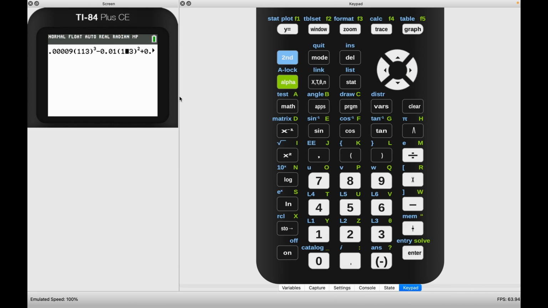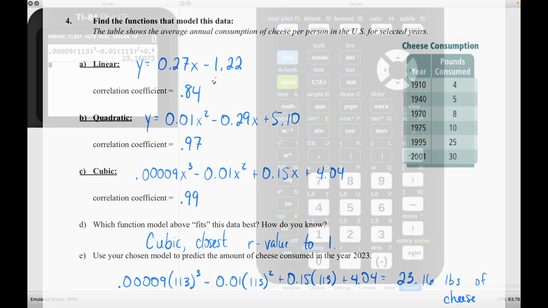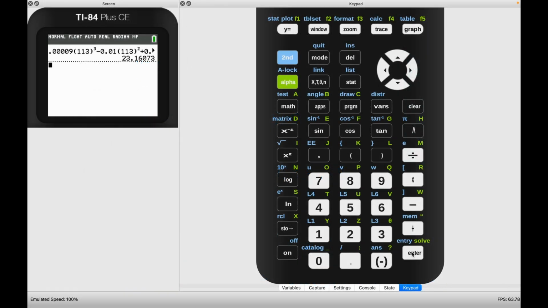Each of those 113s replaced the x of that equation. Then I can hit enter and see that in the year 2023, the amount of cheese consumed would end up being 23.16 pounds of cheese. So just in case you wondered, that's what was predicted for last year.